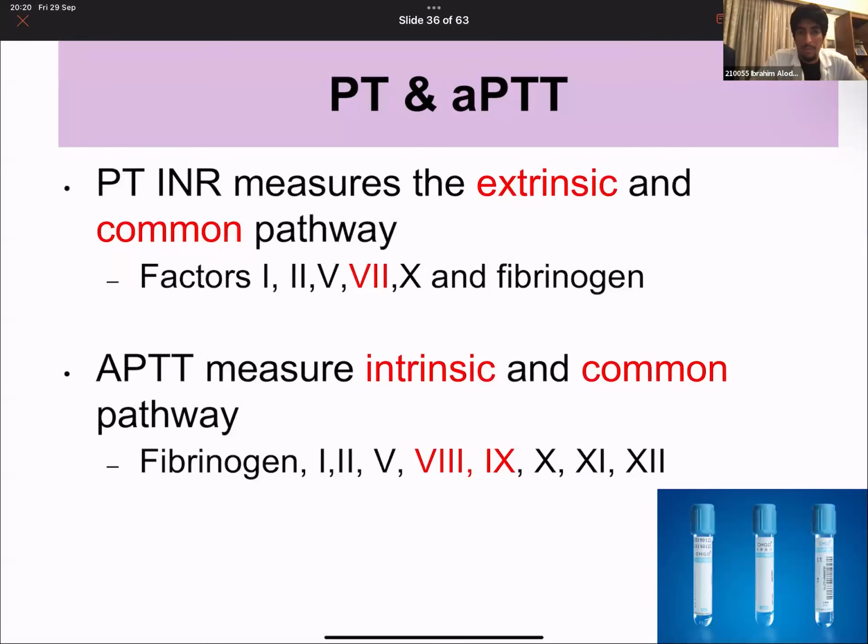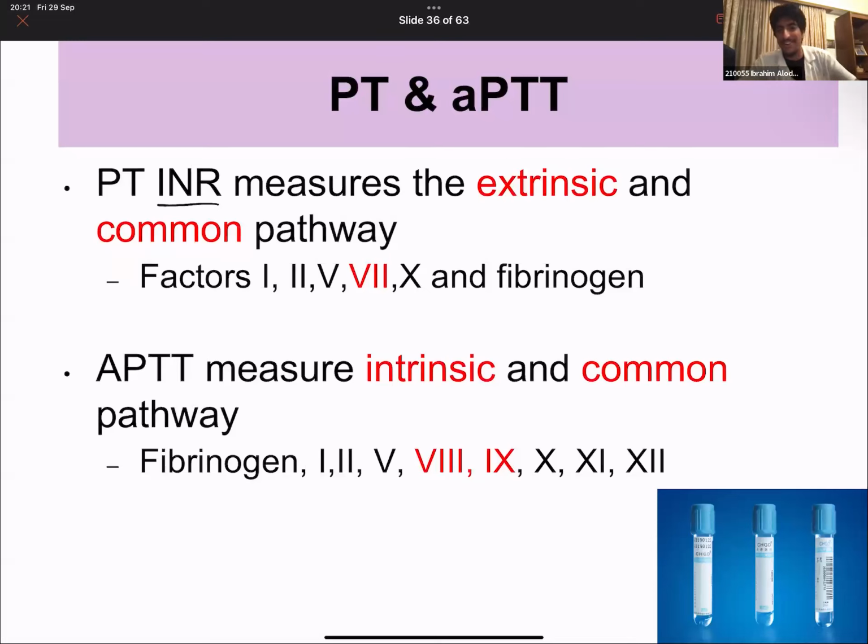So this is sort of a repetition of everything I just said. By the way, INR stands for... actually, let me Google it right now because I don't remember. International something ratio. Oh my God, I look so unprofessional right now.